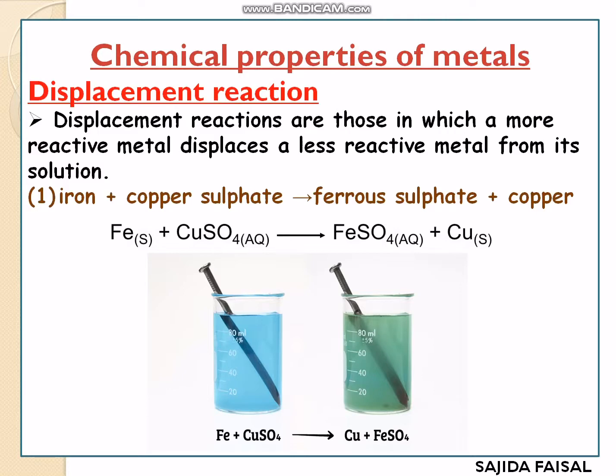Then it changes into iron sulfate, that means ferrous sulfate. Iron is Fe, so iron sulfate we can also call ferrous sulfate. This ferrous sulfate solution is green in color, and copper forms on the iron nail.